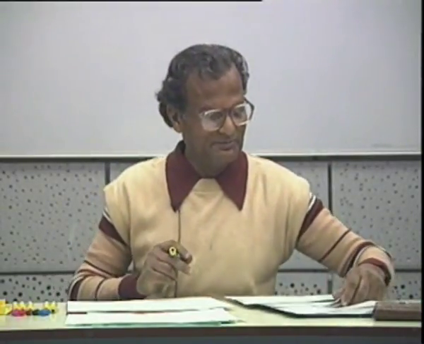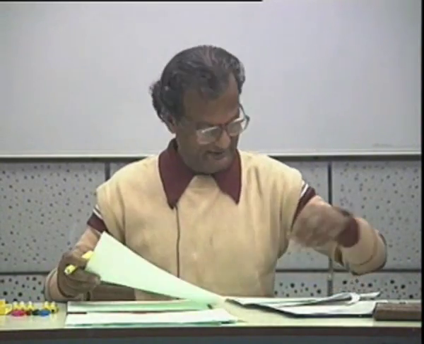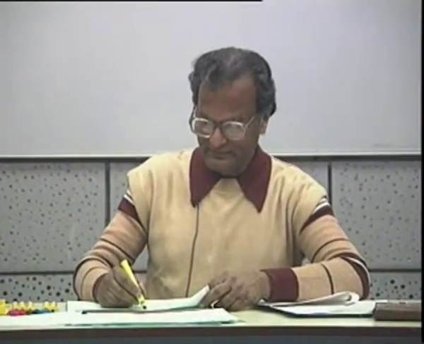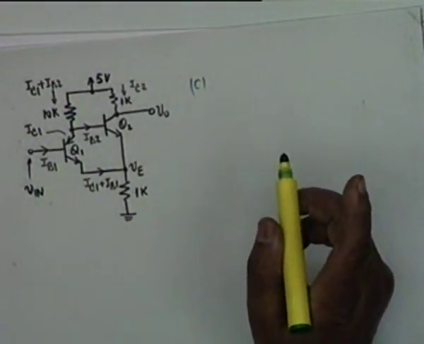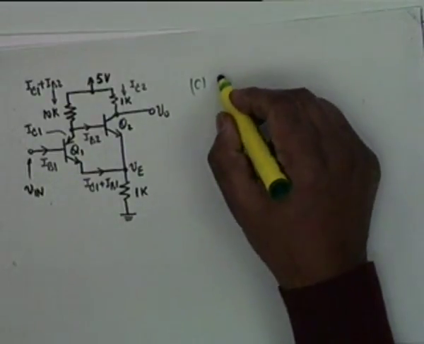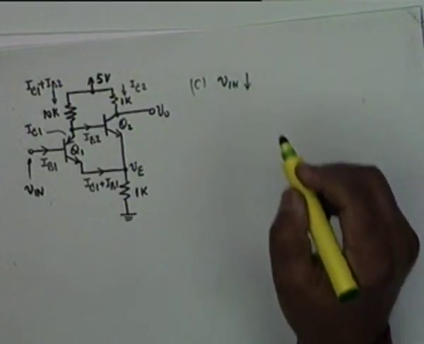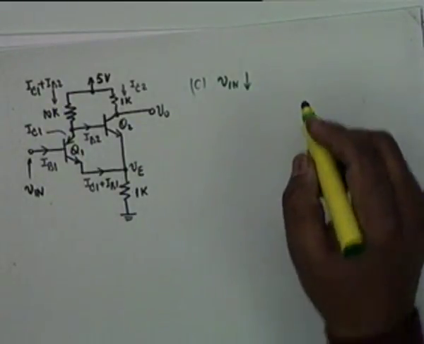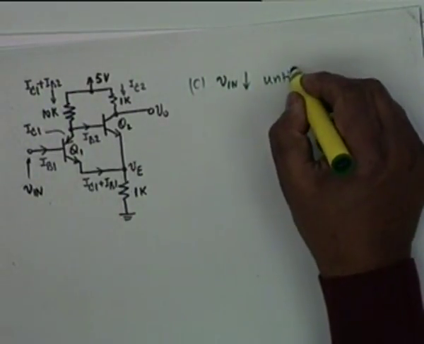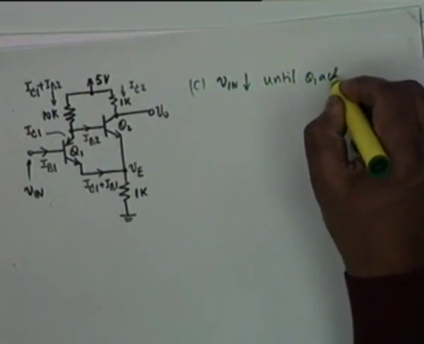Alright, this is what part C of the problem says. Now let me look at part C. Part C of the problem states: to switch back to the original state, V in must be reduced until Q1 is active. Reduce V in until Q1 is active.